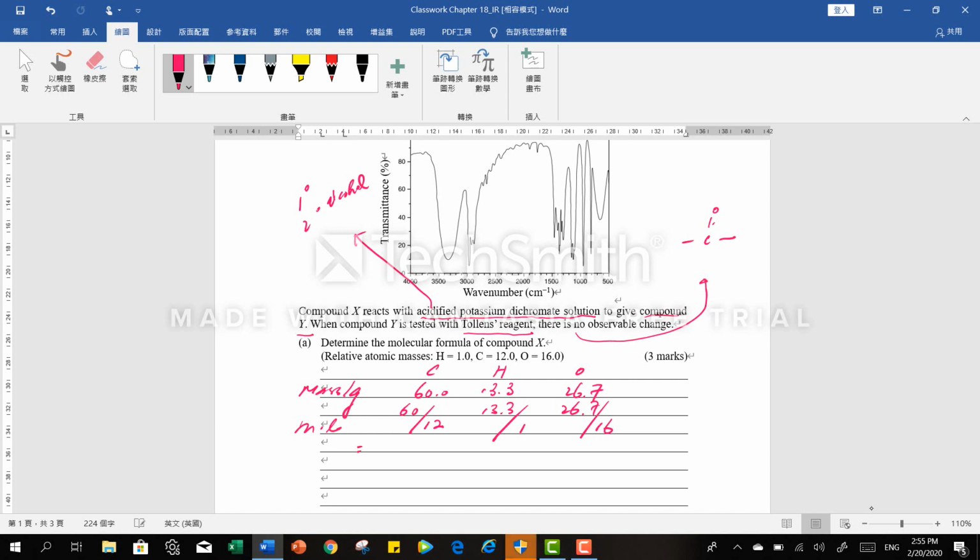Then we work out the answer together. So this is 5, this is this one, and this is this one. Okay, and then we will have a mole ratio.